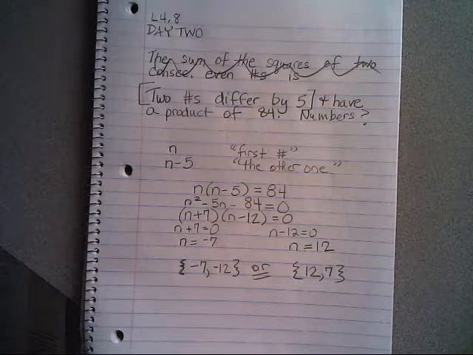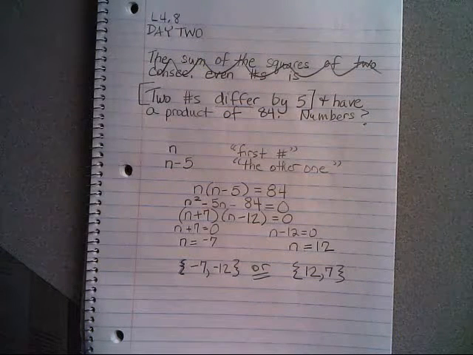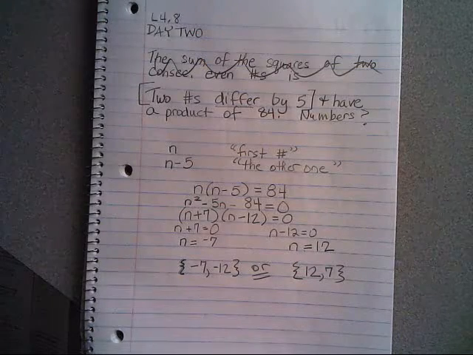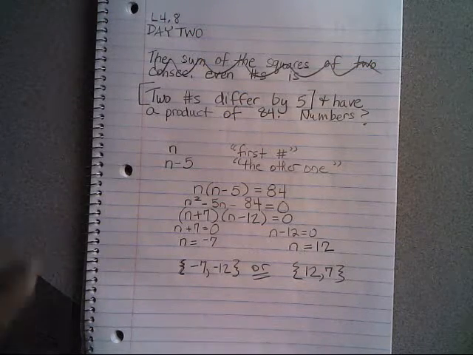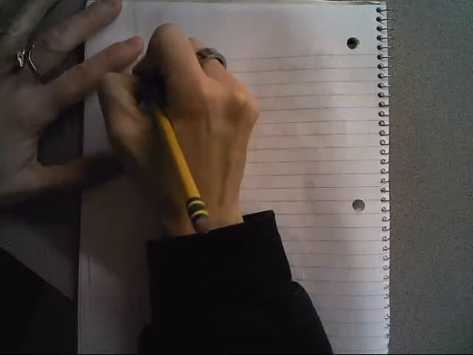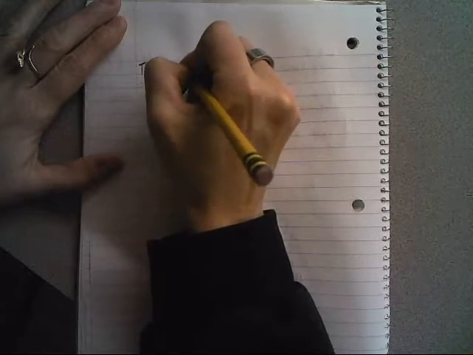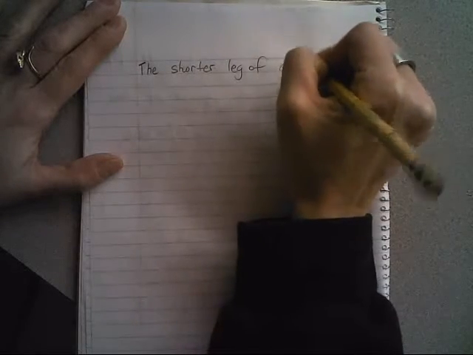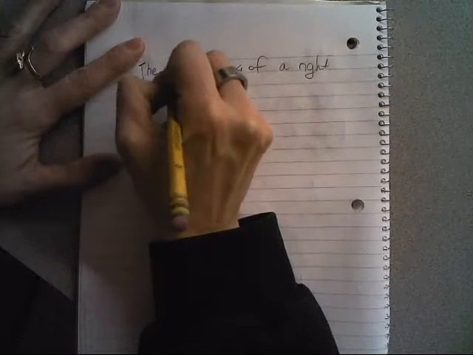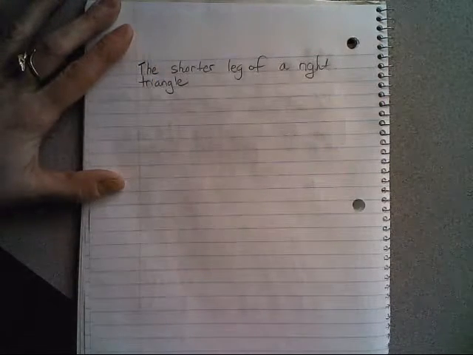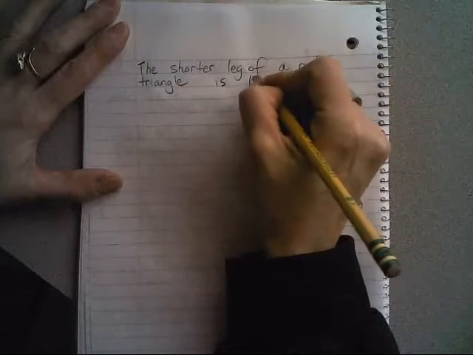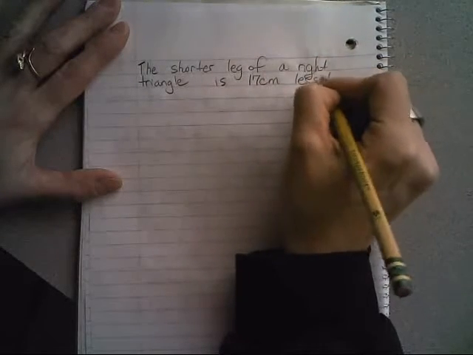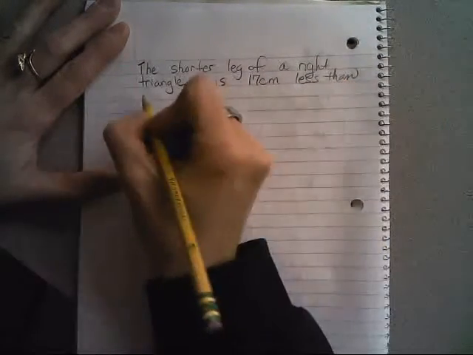Let's do something different. Let's do something that has to do with triangles. This one's kind of fun. Most of you have had geometry, so this shouldn't be too bad. The shorter leg of a right triangle is 17 centimeters less than the longer.